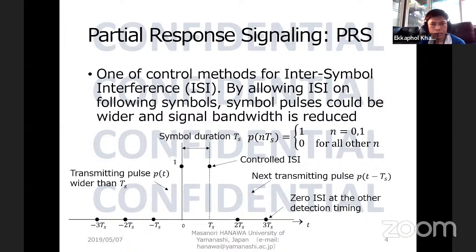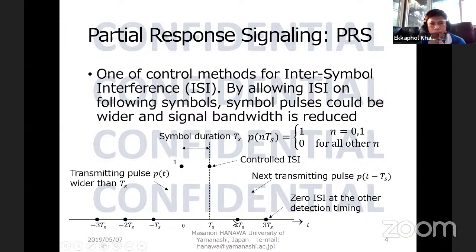By using a wider pulse, we can make some controlled ISI. But we need to suppress all the ISI at different detection timing.